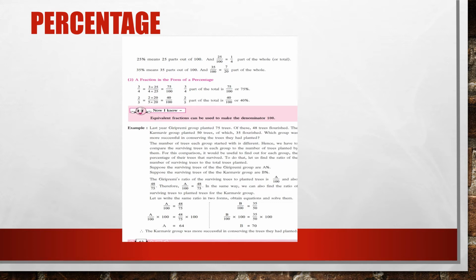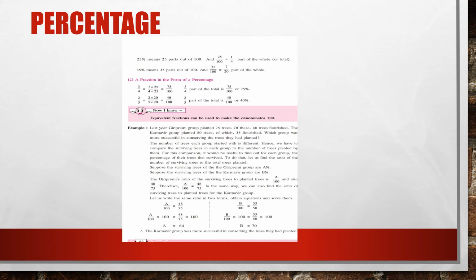Yes, you will multiply 4 by 25. When you multiply the denominator by a number, the same number has to be multiplied with the numerator. 4 into 25 and 3 into 25 gives you 75 upon 100. As we had studied, 75 upon 100 is nothing but 75%.